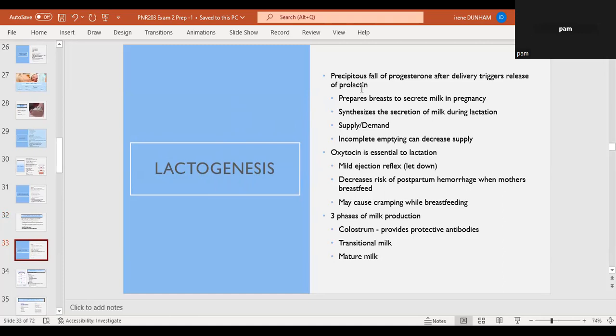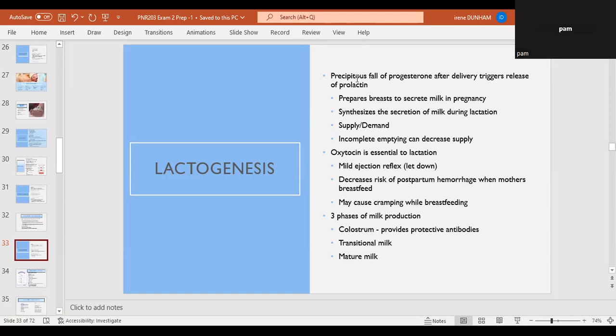It prepares the breast to secrete milk in pregnancy, and synthesizes the secretion of milk during lactation. Supply and demand, and incomplete emptying can decrease supply. So the more mom feeds, the better off it is. But you have to have prolactin.